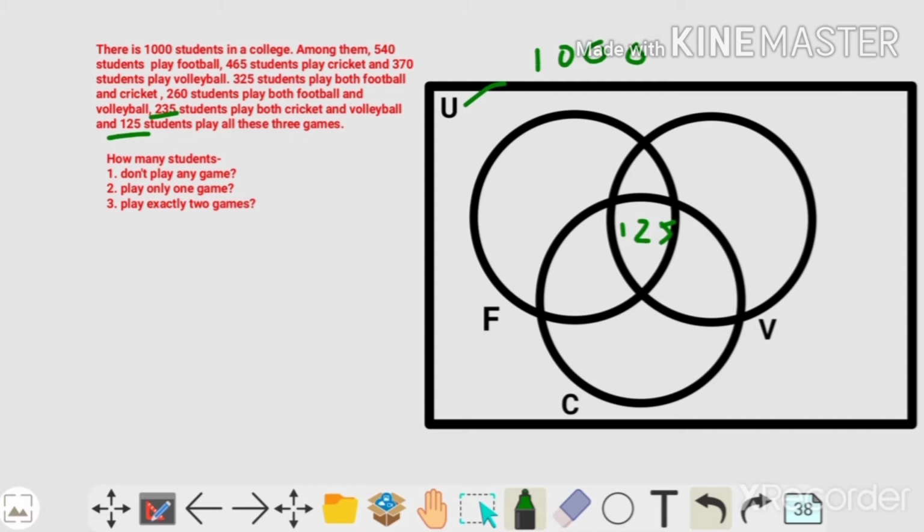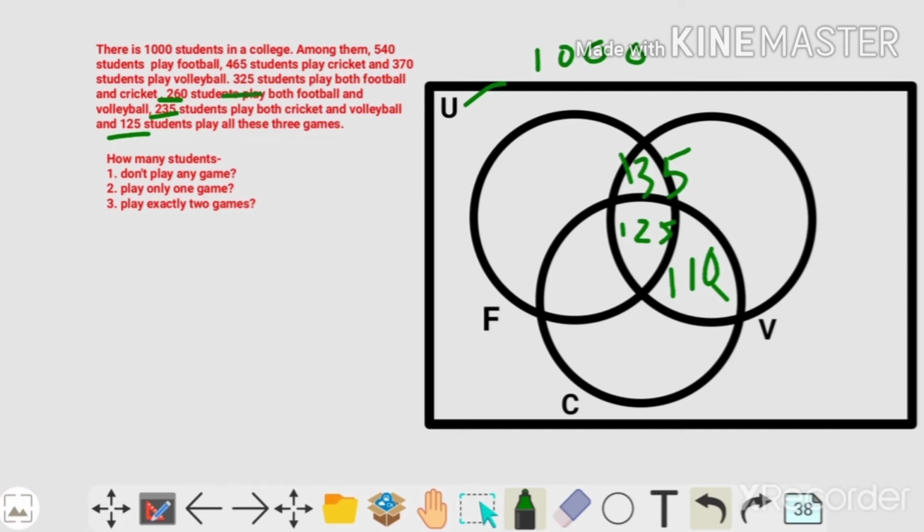As there are already 125, the remaining students will be 110. Now 260 students play both football and volleyball. There are already 125 students, so the remaining will be 135.